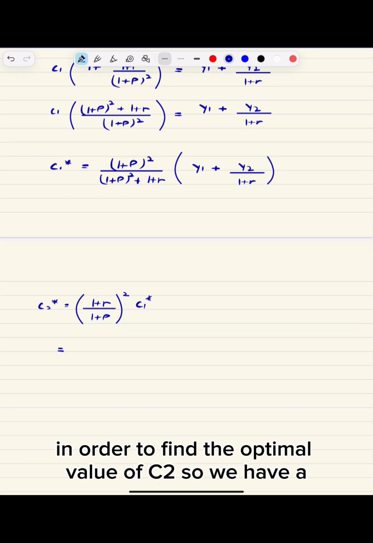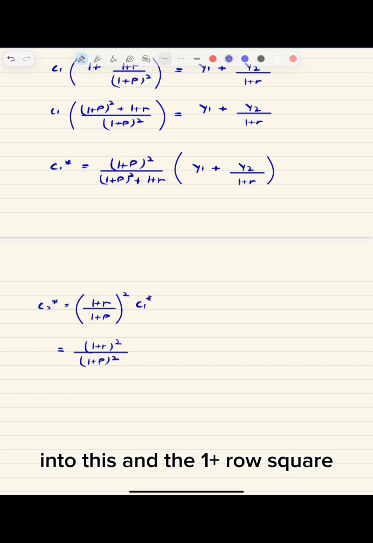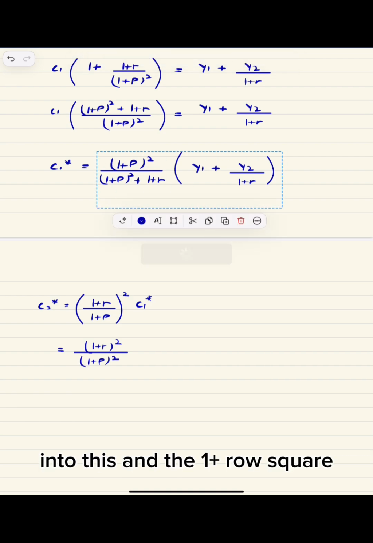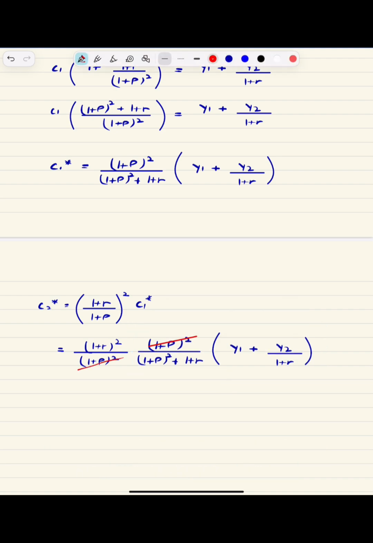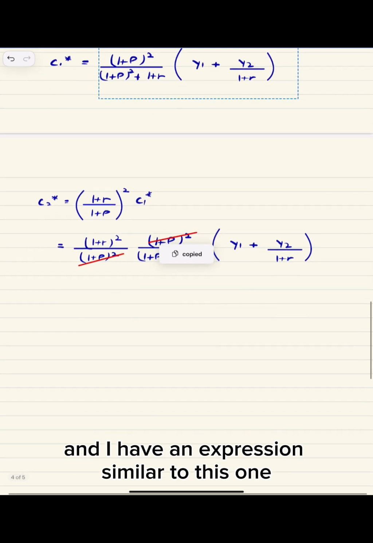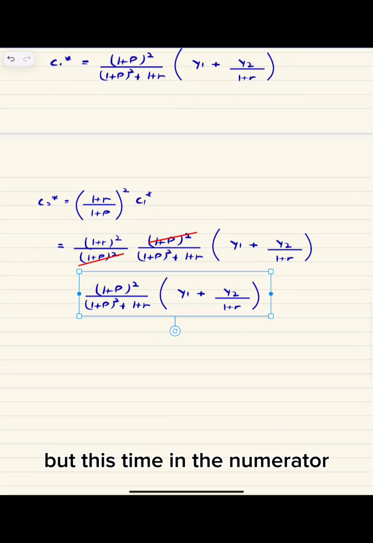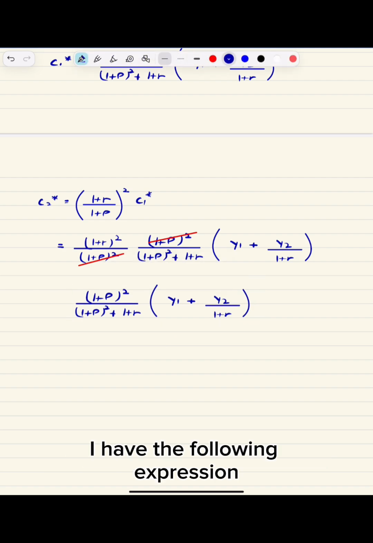So we have (1 + r) squared over (1 + rho) squared into this, and the (1 + rho) squared will get cancelled out, so this gets eliminated, and I have an expression similar to this one, but this time in the numerator I have the following expression.